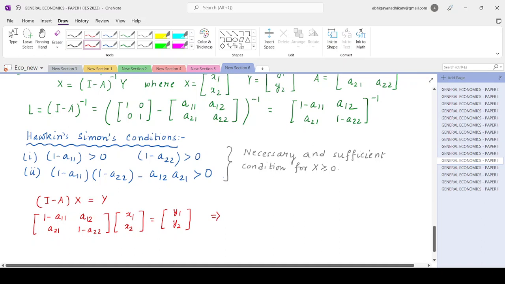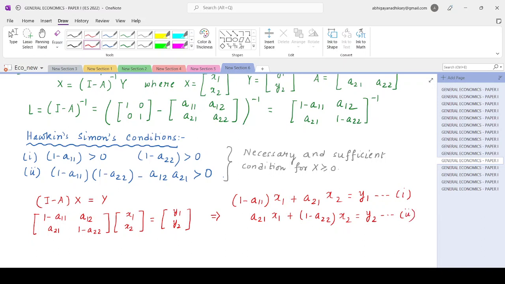So if you just multiply it out, 1 minus a11 times x1 plus a21 times x2 is equal to y1, right? This is equation 1. And a21 times x1 plus 1 minus a22 times x2 is equal to y2. Okay, this is what it means.